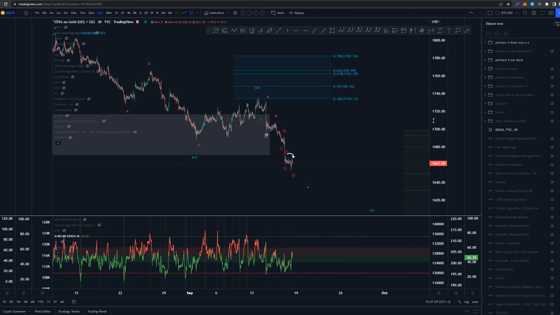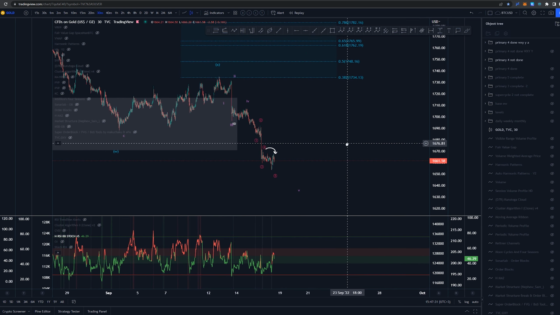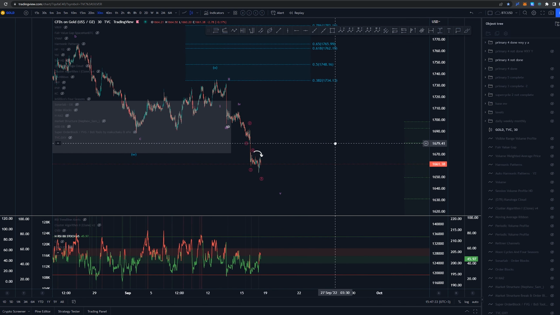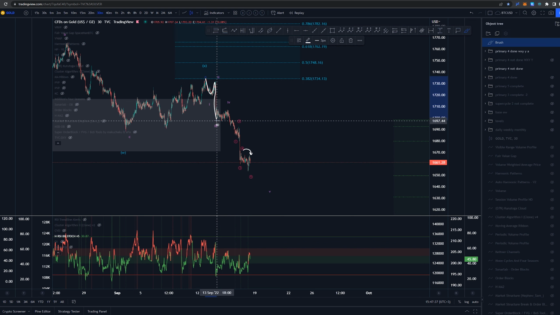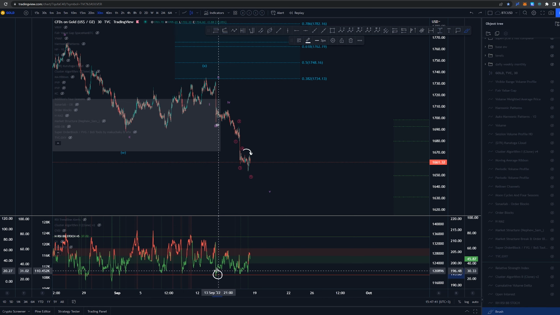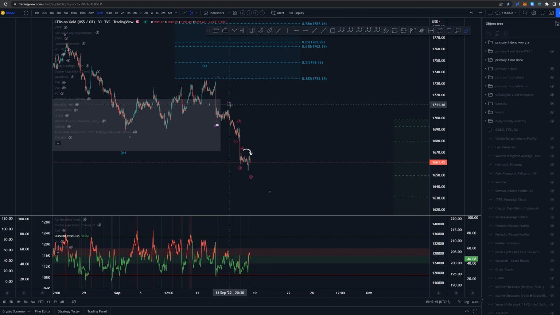Now in here, the next structure is not really that simple to read. I could be labeling this as I've labeled it here, where we have this as a 1, 2, 3, because we have the lowest RSI here on the third, and then fourth here, and then having this as an extended fifth.